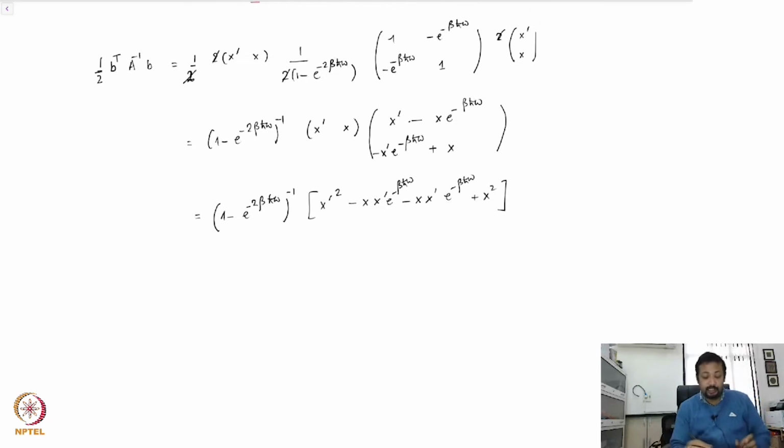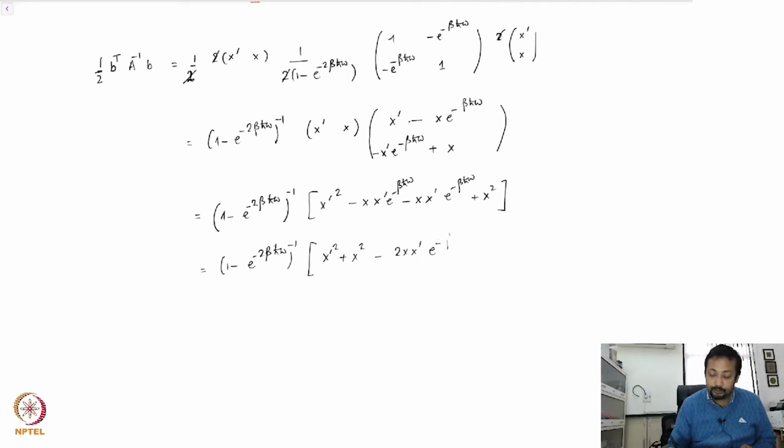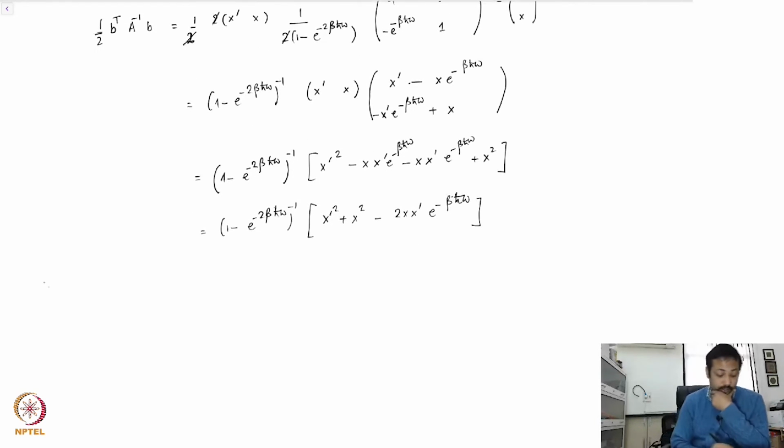Looks very nice and elegant, and I can write down this as (1 minus e to the power minus 2 beta h bar omega) inverse times (x' square plus x square minus 2x'x e to the power minus beta h bar omega).